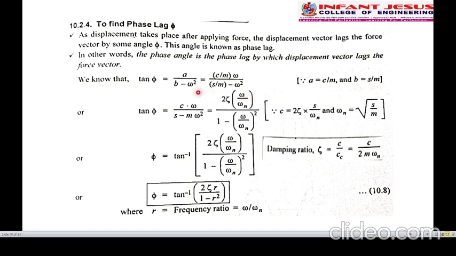Already we have seen the formula, that is, we substituted tan phi equal to A by (B minus omega square) in the previous derivation.